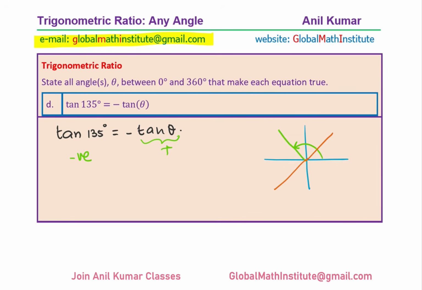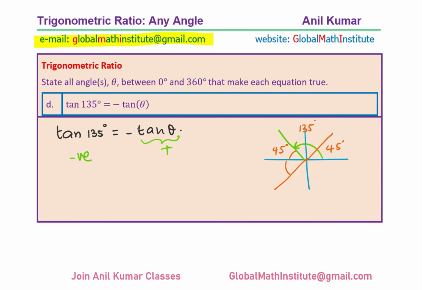You get the idea. The related acute angle, if this is 135, is equal to 45 degrees, correct? So, therefore, the two angles should be 45 degrees and 180 plus 45 degrees. Does it make sense to you, right? So that is how you need to work out the solution, right? So we do get this answer.